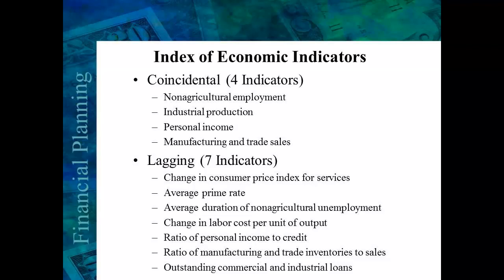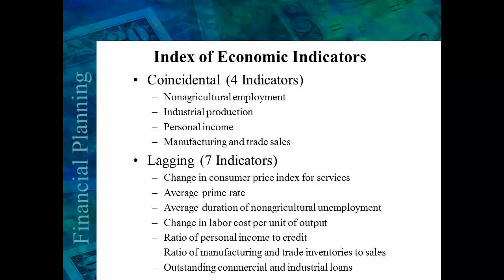The coincidental index, i.e. those measures that rise in tandem with the economy, is composed of 4 indicators: the non-agricultural employment, industrial production, personal income, and manufacturing and trade sales. The lagging index is composed of the following 7 indicators.